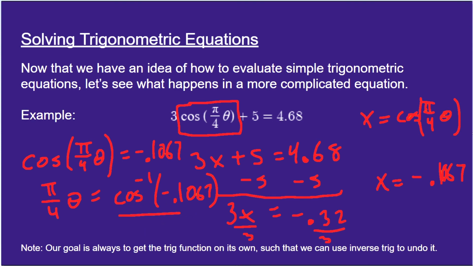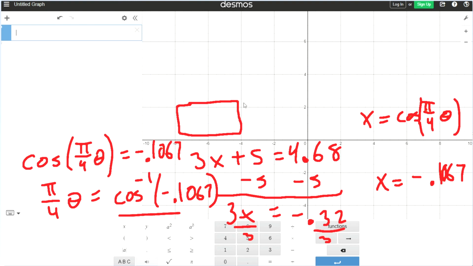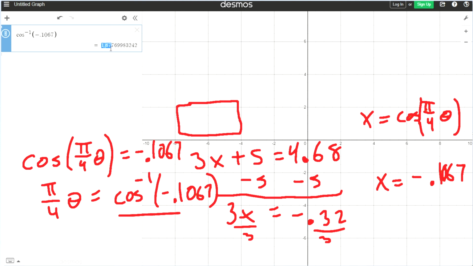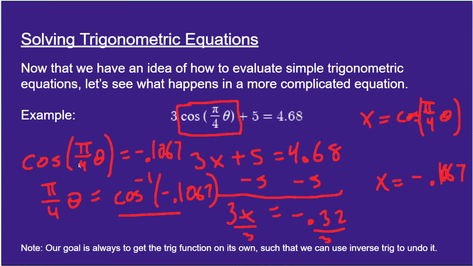Let's get it. Cosine inverse is right here in the functions, of negative 0.1067. That will give me 1.68. We're going to round it to 1.678.